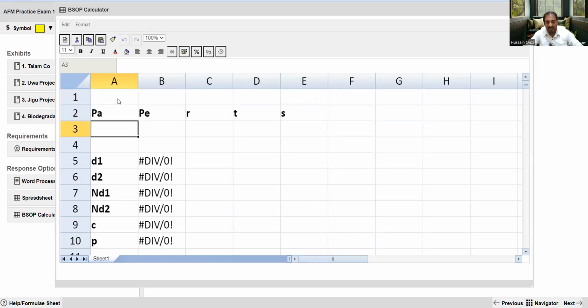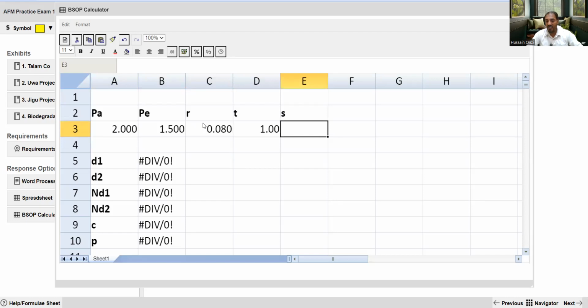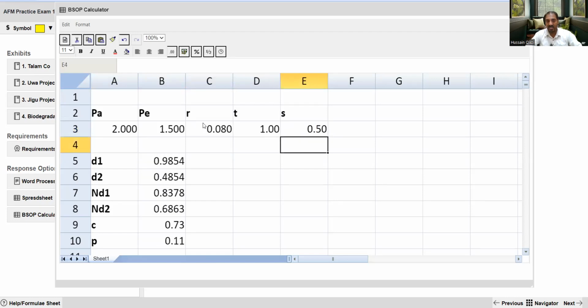You just put the variables with these values. For example, the value of PA is 2, the value of PE is 1.5, R discount rate 0.08, time 1 year, standard deviation 50%, 0.5.